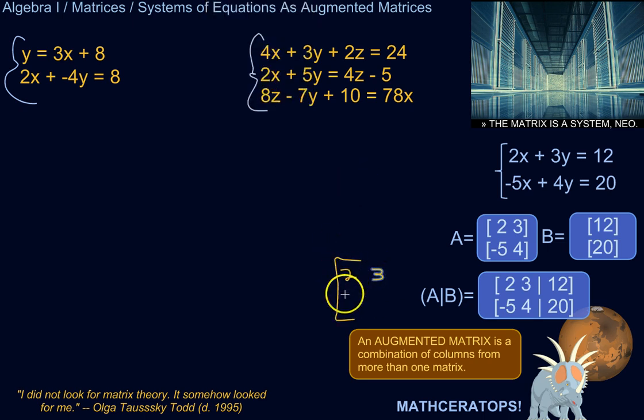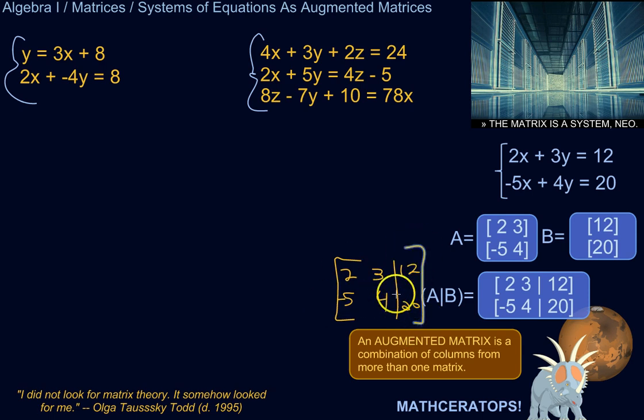So we've got the coefficient matrix here, the coefficients of the variables, and then the constant matrix, or the solution. I forget what you call it. Anyway, you separate it with a bar to remind yourself that there's two different pieces here.